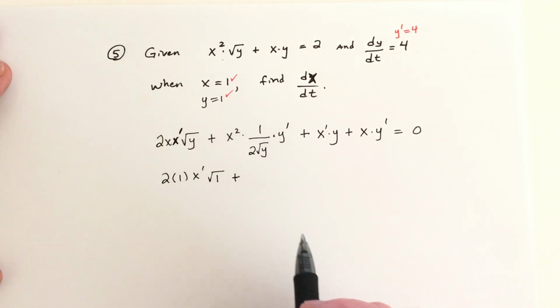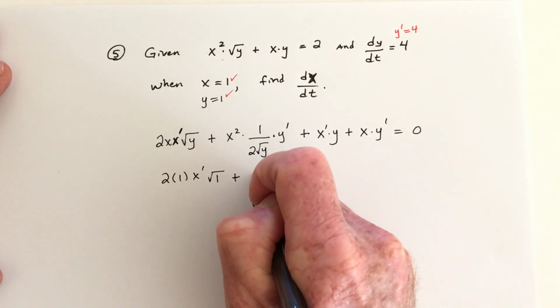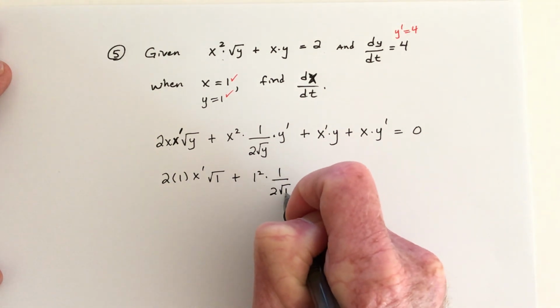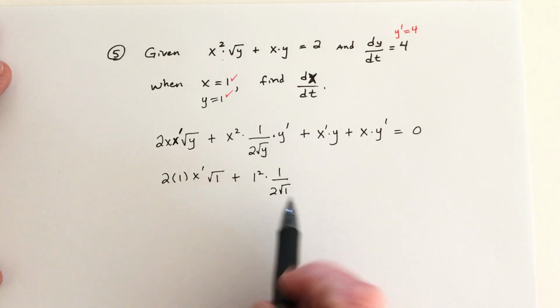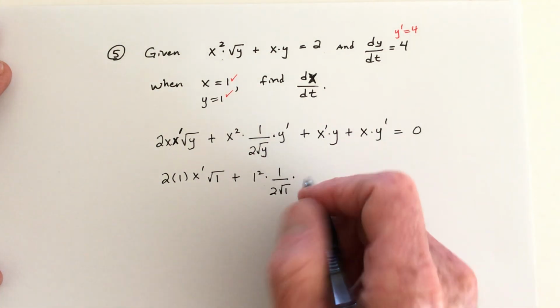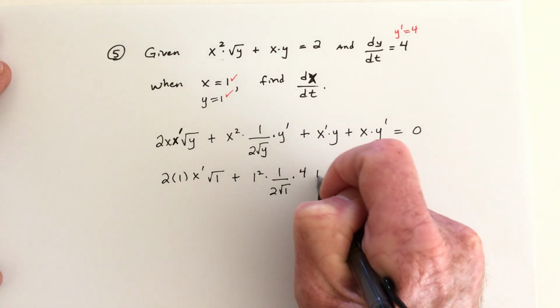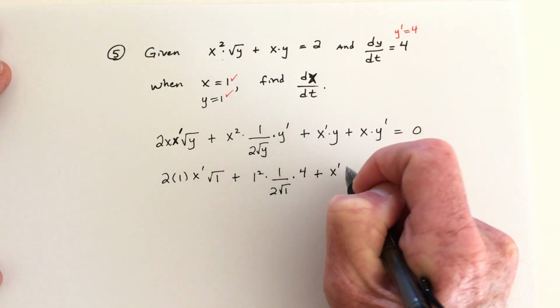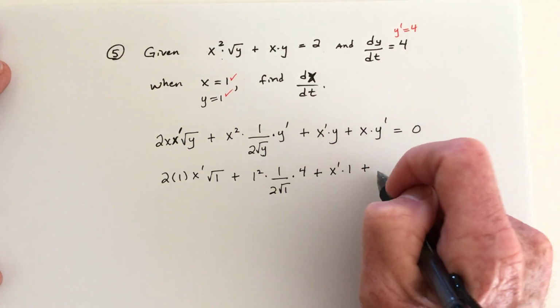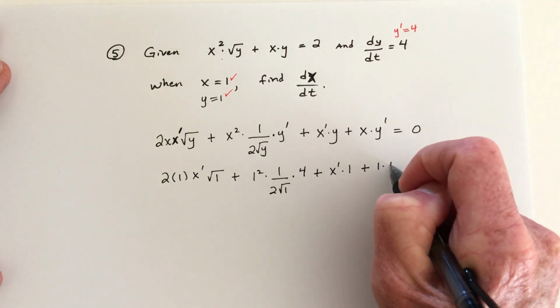Plus, x is a 1, so that's going to be 1 squared times 1 over 2 times, and then replace the y with a 1. And then y prime, replace that with a 4. Plus x prime times y, which is 1, plus x, which is 1, times y prime, which is 4.